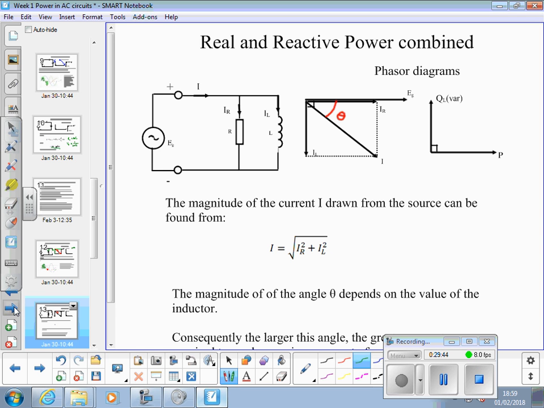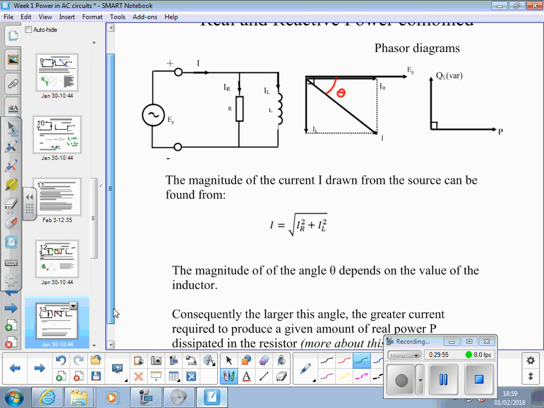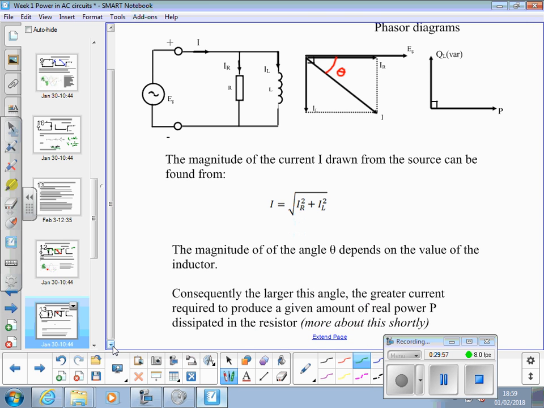So there's a fair bit of Pythagoras theorem in this, using that to get results. The magnitude of the angle theta depends on the value of the inductor, and the frequency actually.